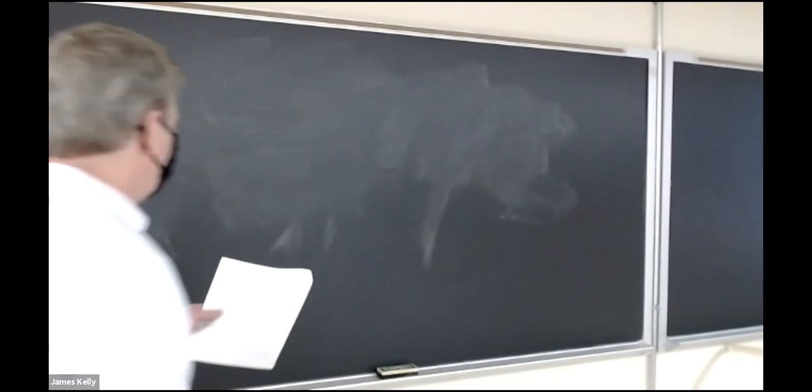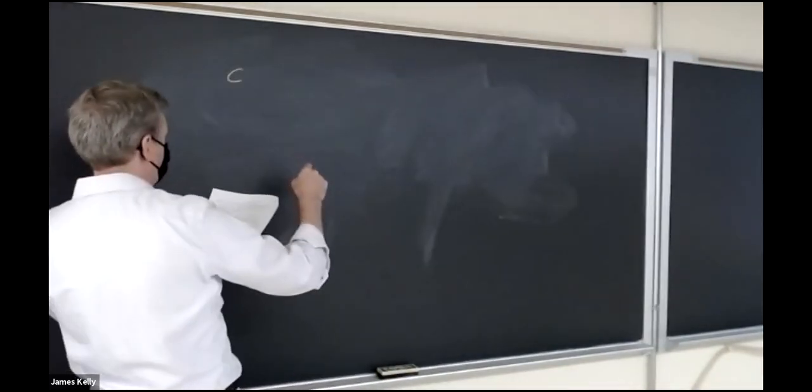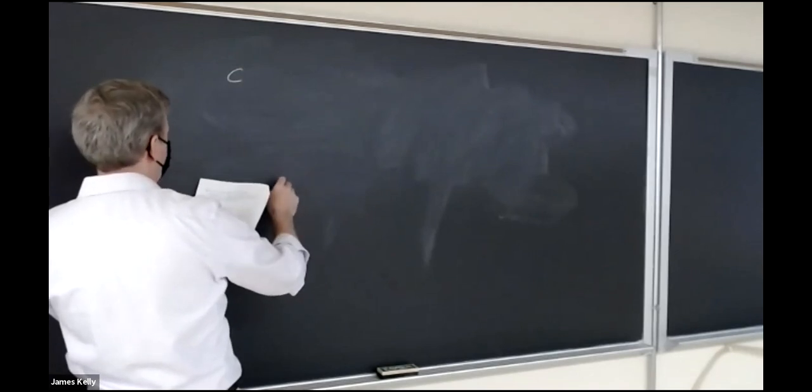Okay, as you can see by the space there, there's not much work to be done for this one, but let me write down my recursion relation up here on the board.